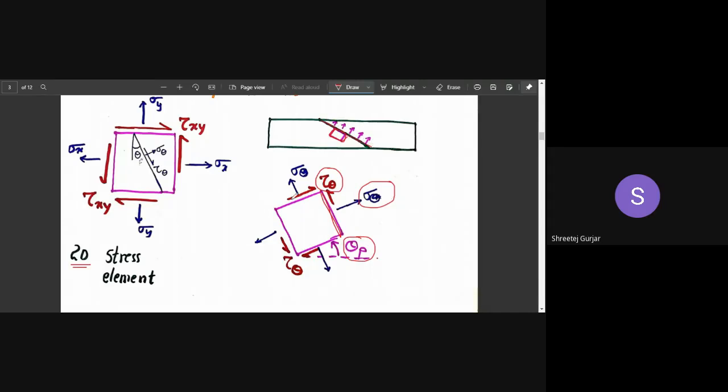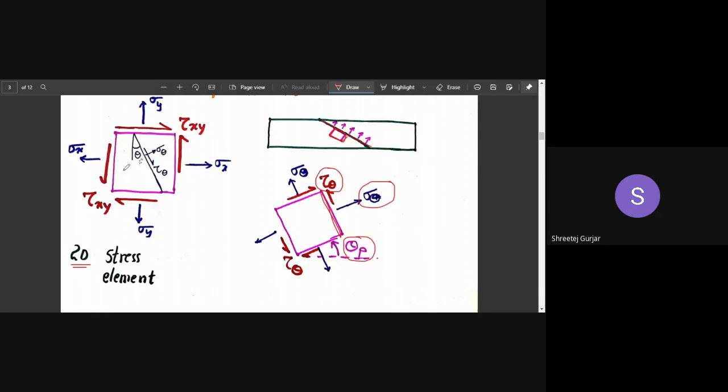Now, if you want to find the stresses at a particular plane like this, you can cut your element and take the theta from the vertical plane. On this plane, you want to find your normal stress, sigma theta, and your shear stress, tau theta.